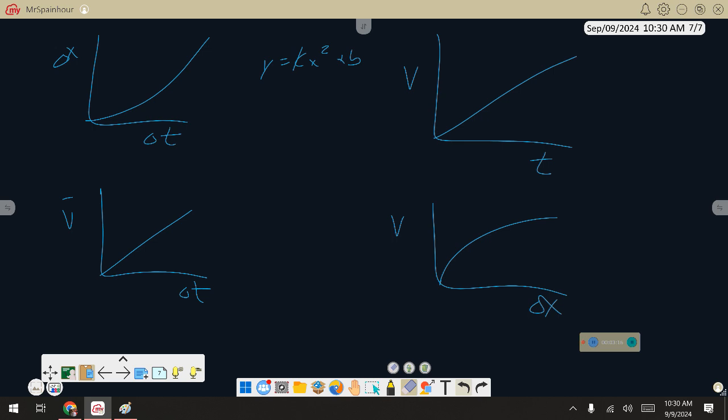Reality told you what the answer was supposed to be. Reality told you it should look like this. And reality says that if this is the case in real life, the equation we should come up with should be delta x is equal to something times delta time squared plus something, but in this case, more than likely, 0. Does that make sense?